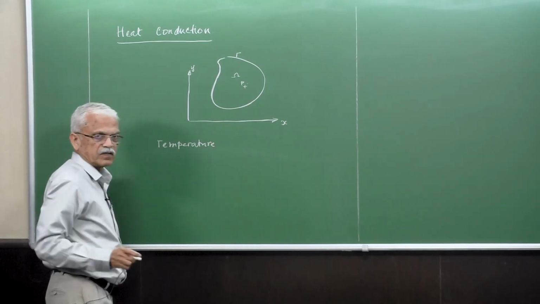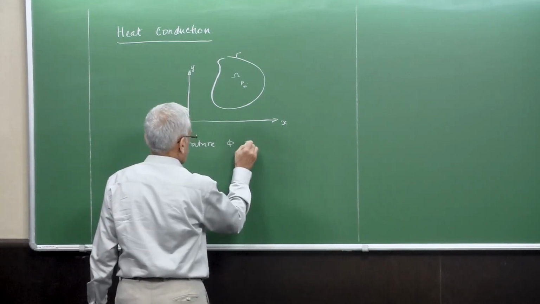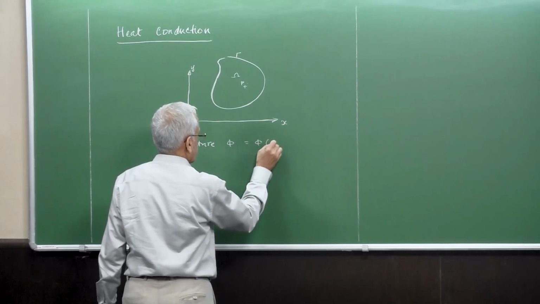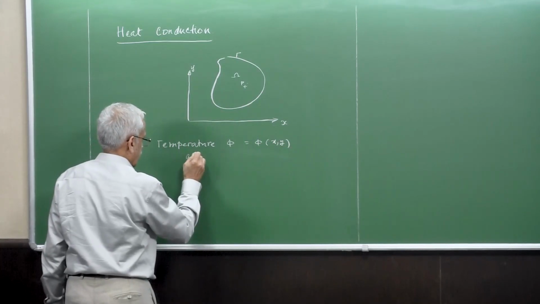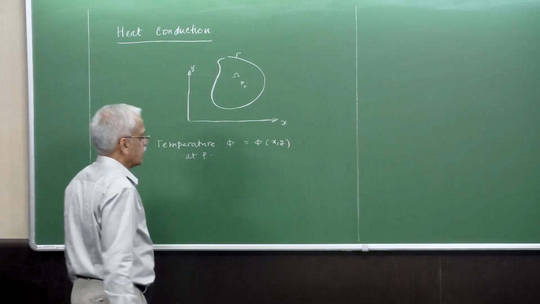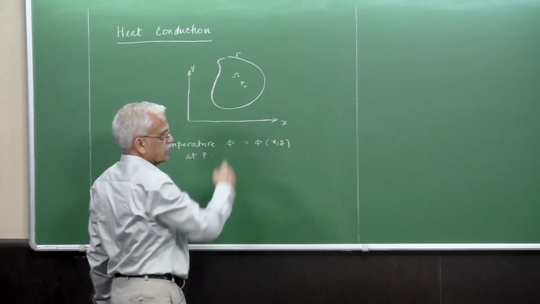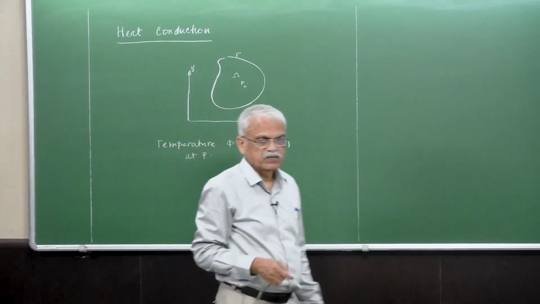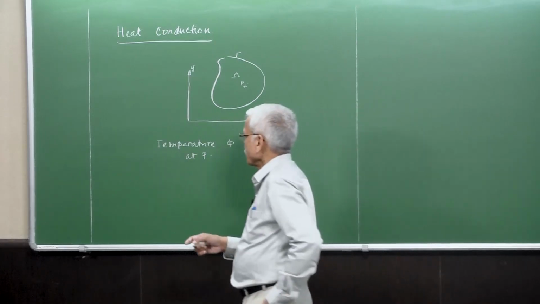This is the variable which we represent by phi, a function of temperature, at a general point P. So we have phi as a function of xy, which keeps changing from point to point depending upon the conditions here.